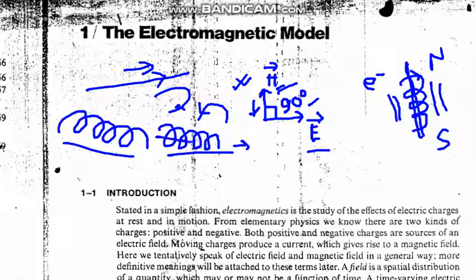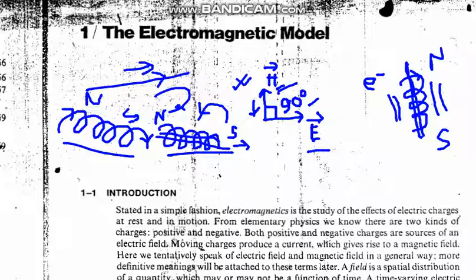And if you place an iron core inside, it will act as a magnet. If the current enters through this end, that will be a north pole, and where the current exits, that will be a south pole.